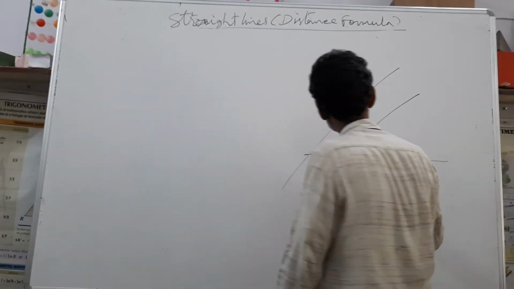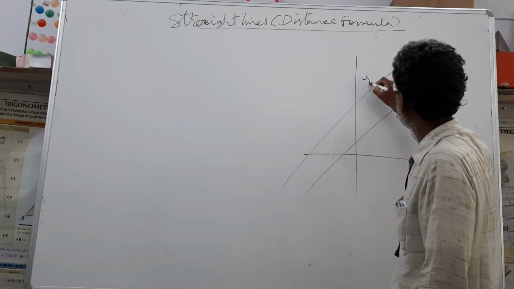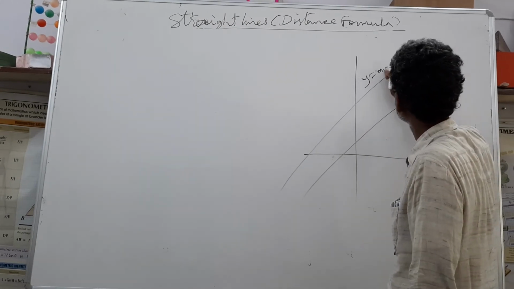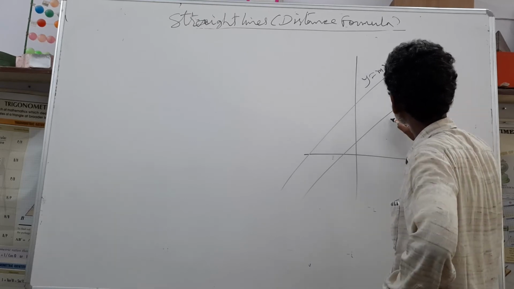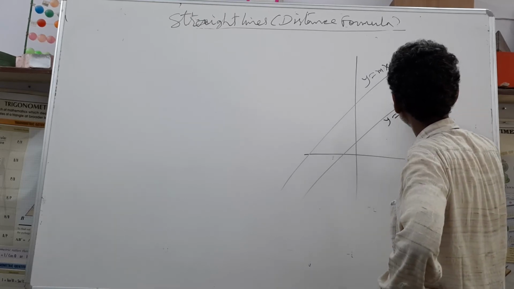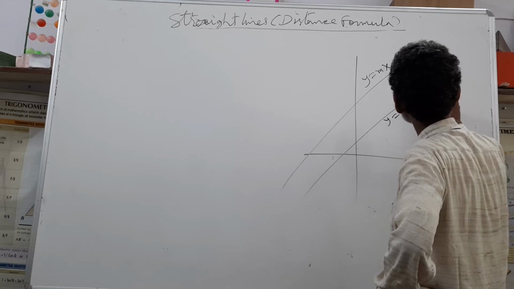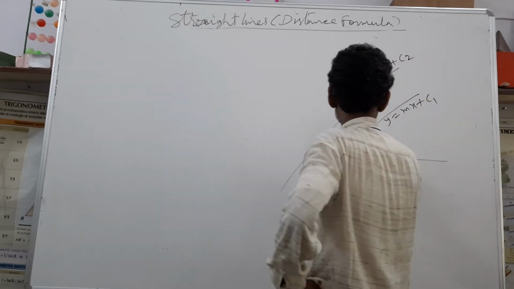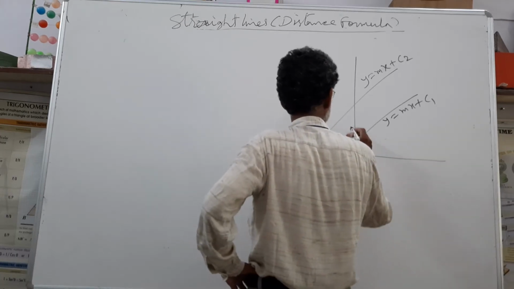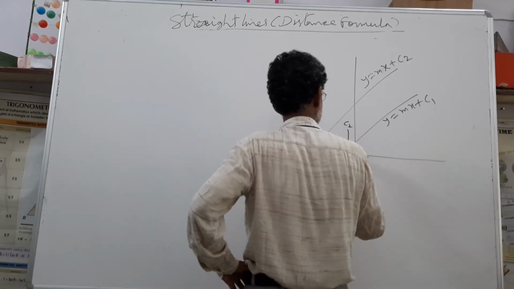Let there be two parallel lines, y is equal to mx plus c1, and y is equal to mx plus c2. This is c1, this is c2.